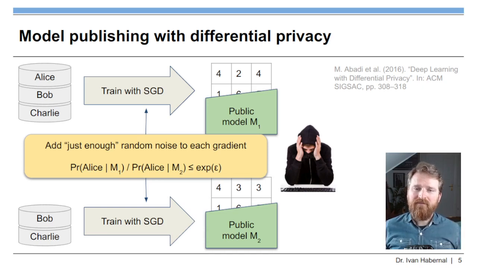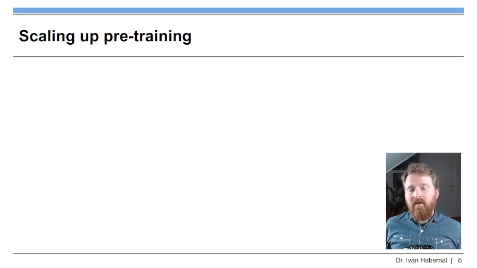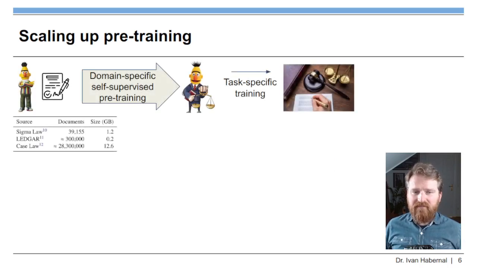This has been used for some time now in machine learning and in natural language processing as well. But we are interested in how far we can scale it up to pre-training on large-scale in-domain data. Again, our setup is that we have BERT, and then we have a large data set of legal documents, a couple of gigabytes, and we use self-supervised pre-training for pre-training the model.